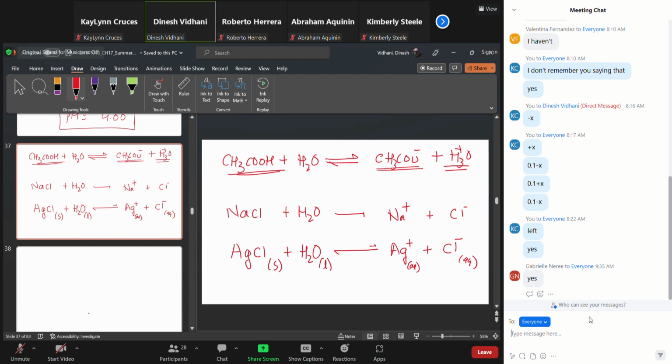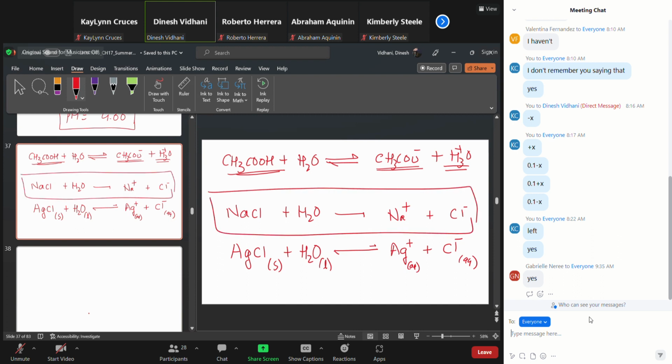In the same way, we have some salts which get converted into ions to a very, very small extent. These are not like NaCl, because NaCl is a strong electrolyte. So when we are thinking about weak electrolytes like AgCl, only a tiny amount will get converted.